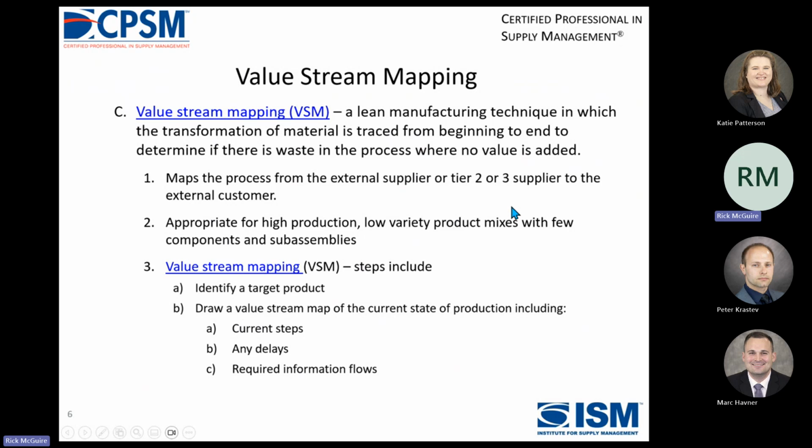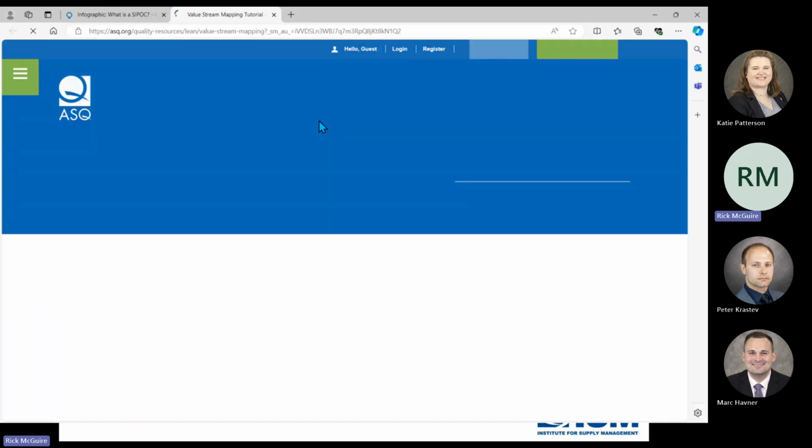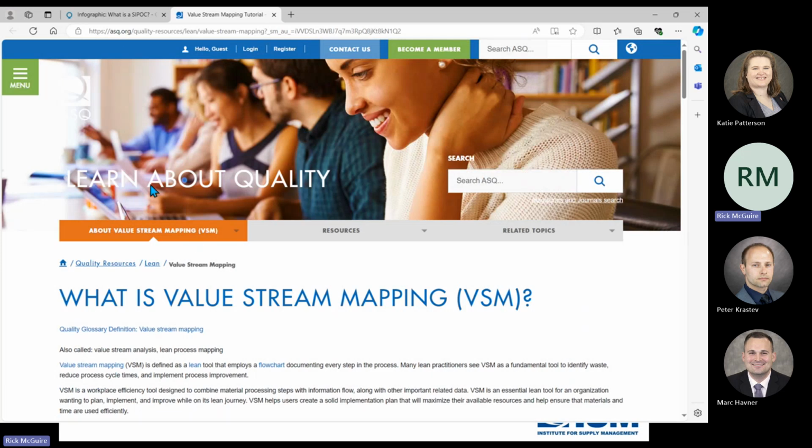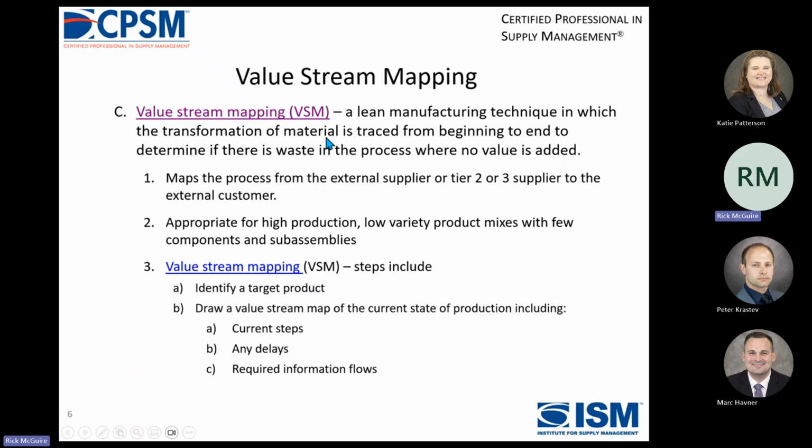Then there's value stream mapping. And I think most of this stuff is on ASQ, the American Society for Quality, although I don't know what they call themselves these days. It's a lean manufacturing technique in which the transformation of material is traced from beginning to end. And you can go into tier 3 suppliers if you want with value stream maps, so you can go all the way from a tier 3 supplier to our customer.